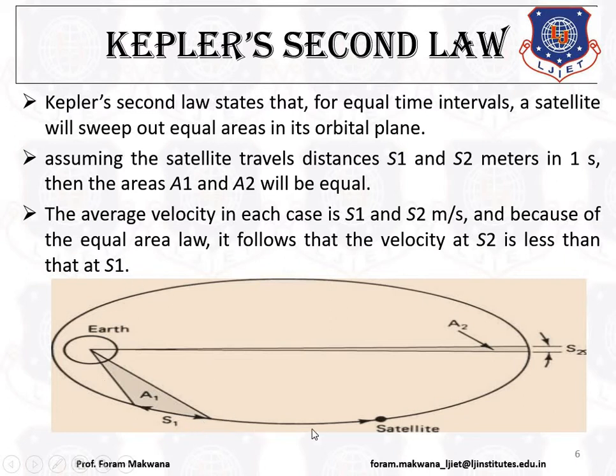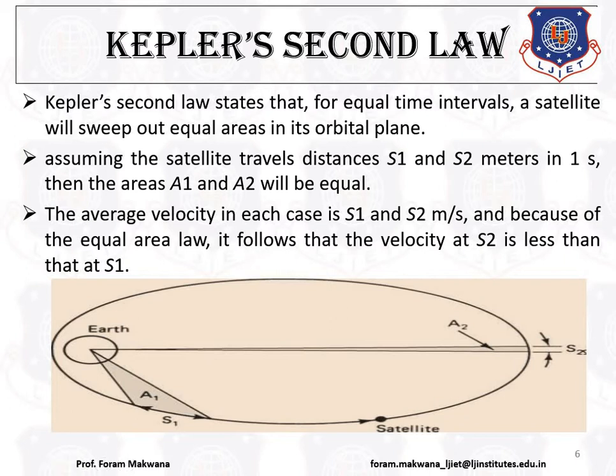and also after some time a satellite will cover this distance from this point to this point, that is S2 meter in 1 second. So for equal time interval, for over here 1 second and 1 second, a satellite will sweep out equal area, that is A1 is equal to A2, because of equal area law.